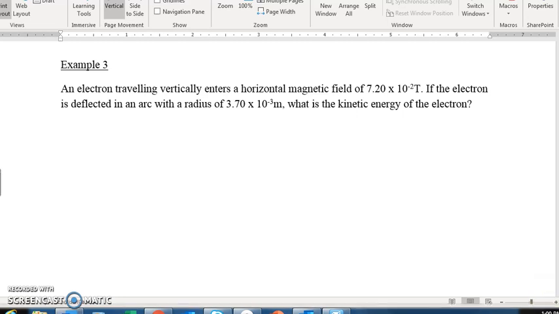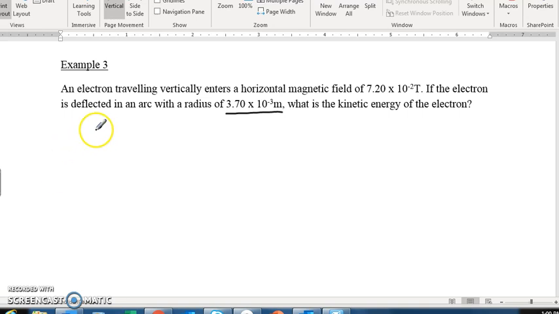Okay, in our third example, we are looking for the kinetic energy of an electron. It's traveling through a magnetic field and deflected with a radius of basically 3.7 millimeters. This is a very tight circle.